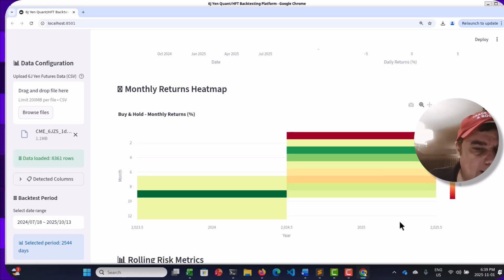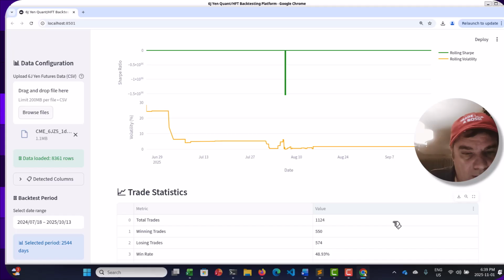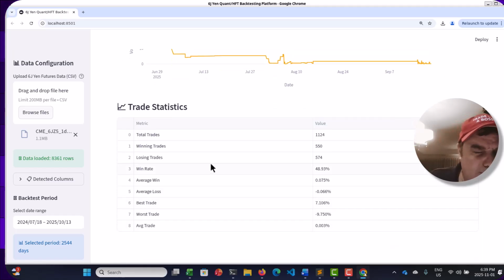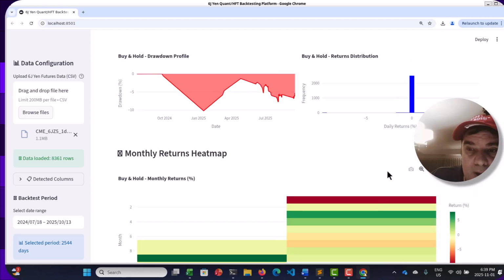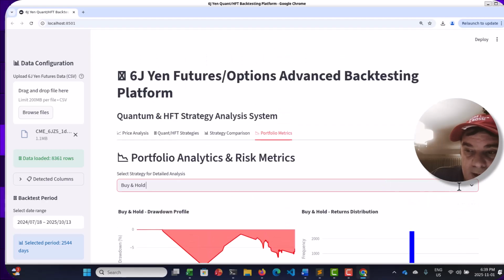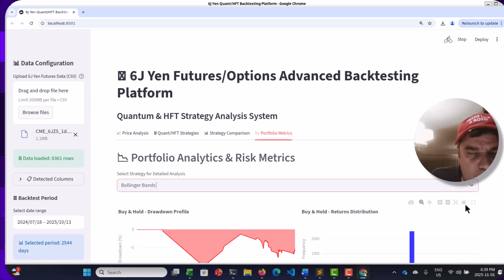So this is the standard return you would get from just doing a buy and hold. Okay, so here's your portfolio metrics: win ratio 0.4, 48%. That's pretty good actually. I think Bollinger. If we just did Bollinger with technical analysis, let's see what that would be. Again, this is on yen over the last year.